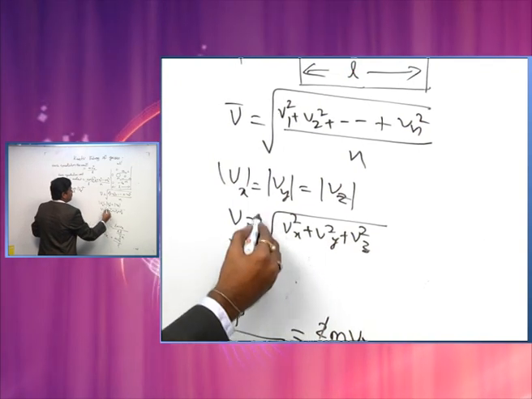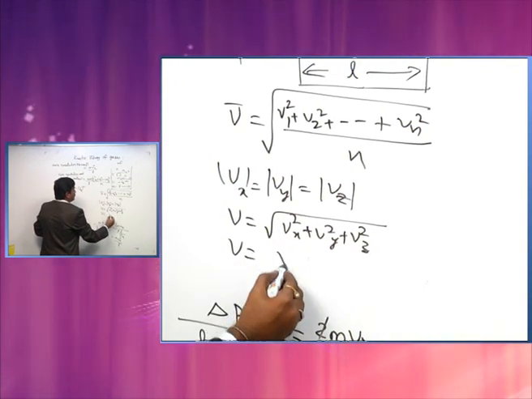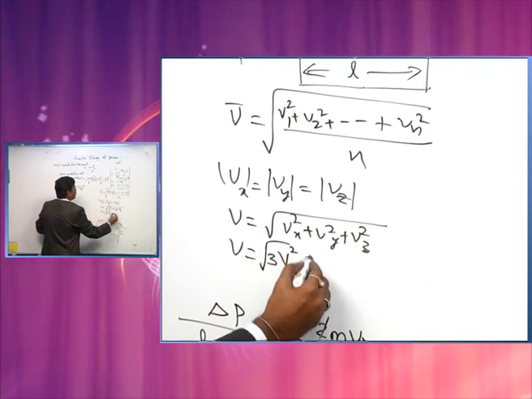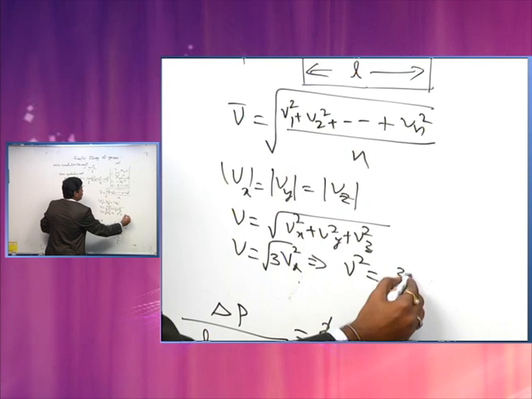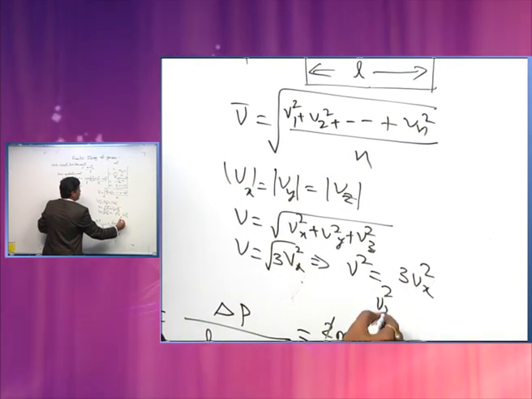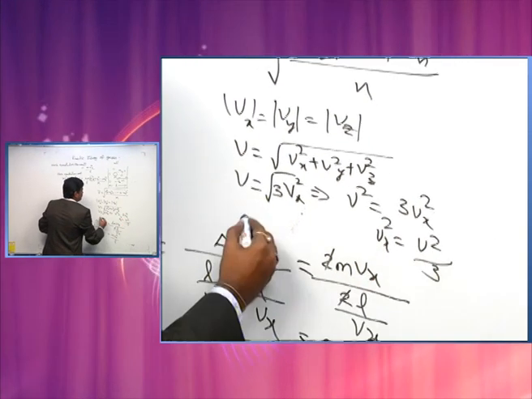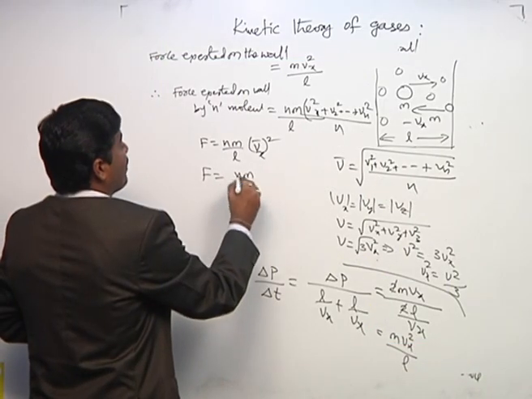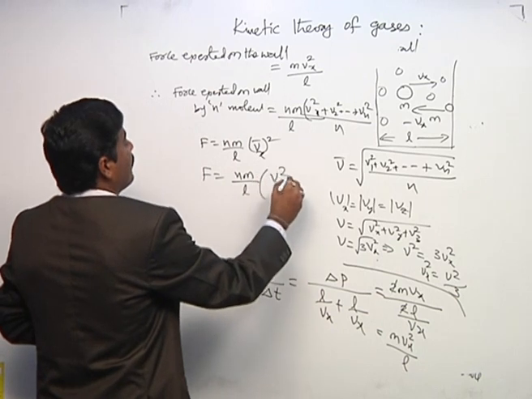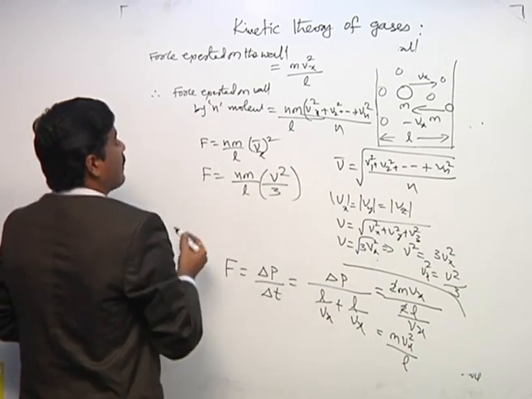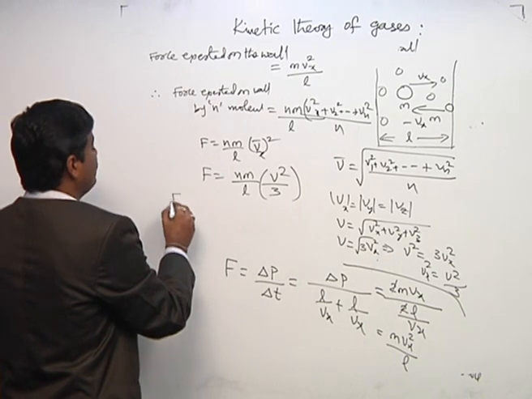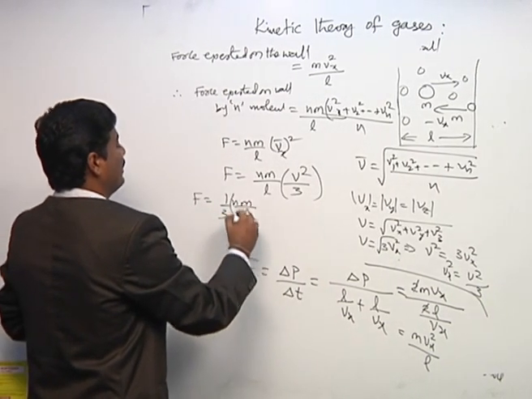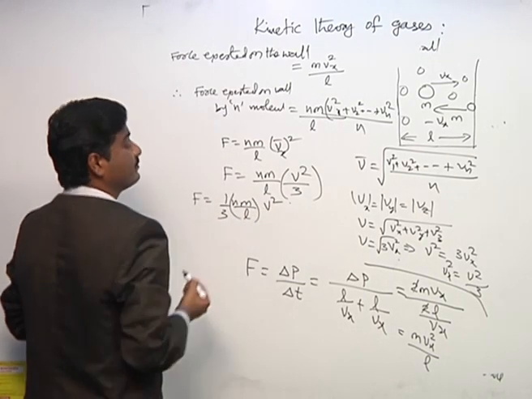If Vx, Vy, Vz are all equal, then we can write directly v square is equal to 3 v square x, so v square x is equal to v square by 3. See here, F is equal to n m by L into v square by 3, which gives 1 by 3 n m by L into v square.